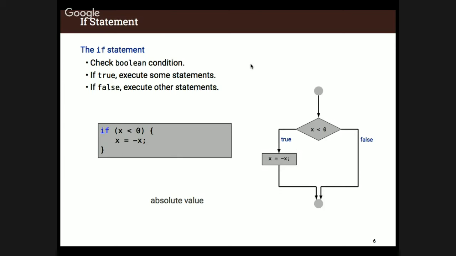Okay, so if x is negative, I'm going to make x equal to its own negative inverse, which means it will turn positive. So that calculates the absolute value. There is, however, a small issue with this if statement. What happened to the else? Well, I can add it. It's not wrong.